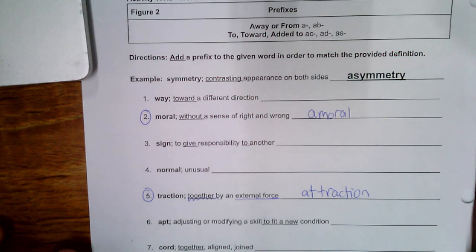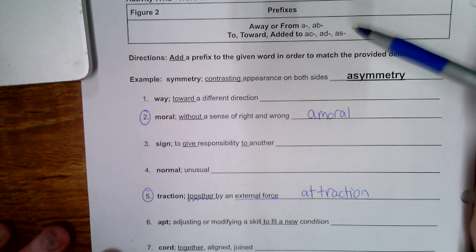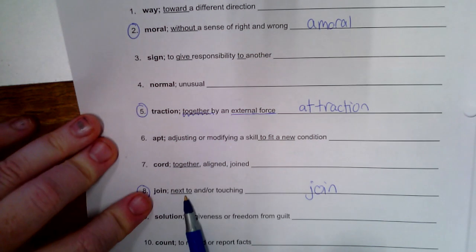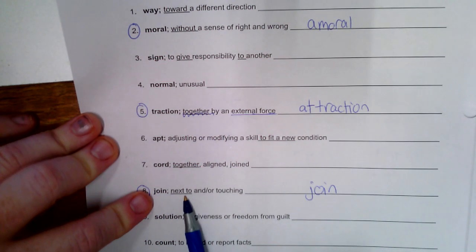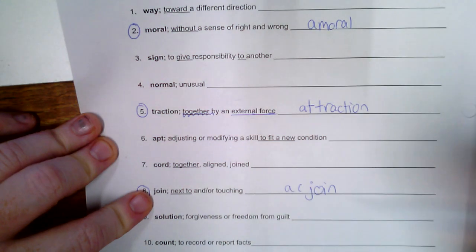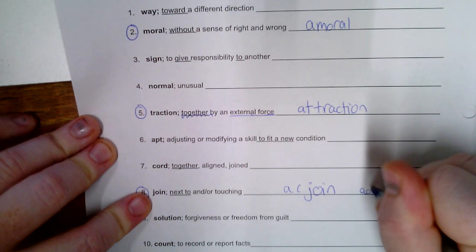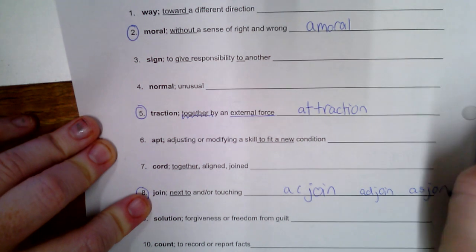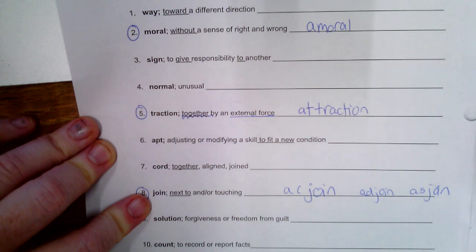I'm feeling like this one is to, toward, or added to because it says next to or touching. So I feel like we're going to have the option, adjoin or abjoin. Only one of these is right.